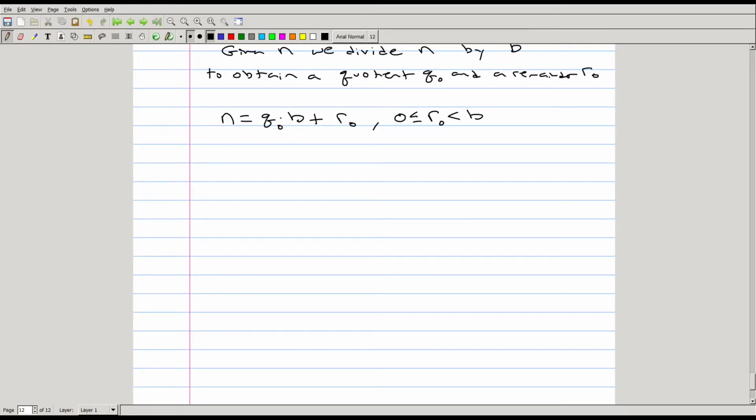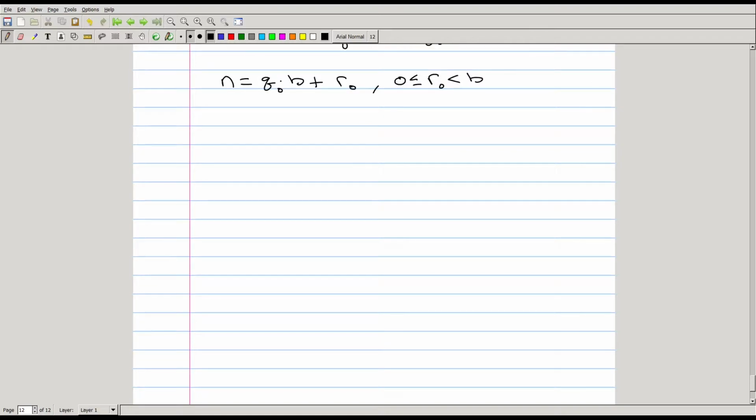So the procedure here is very, very effective, and not only that, we can continue this procedure to get all of the base b digits of a given number.